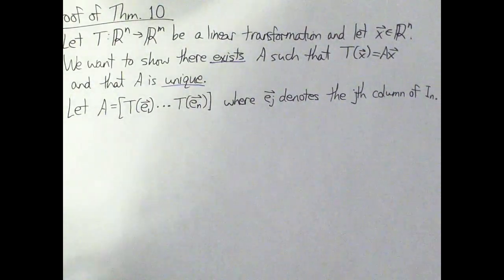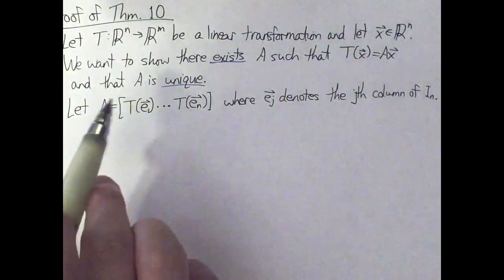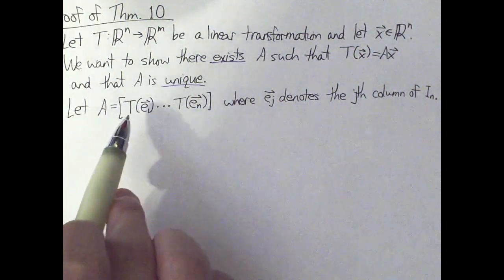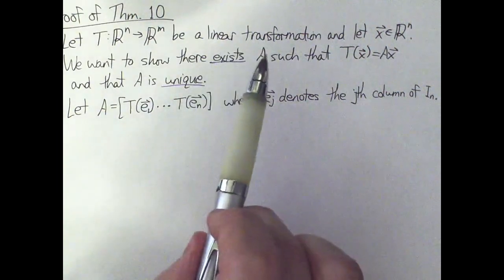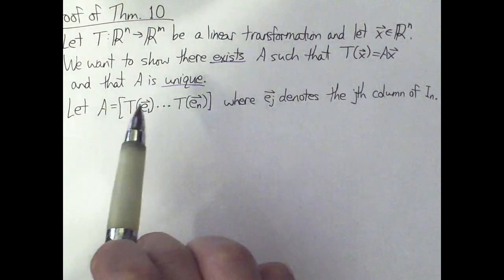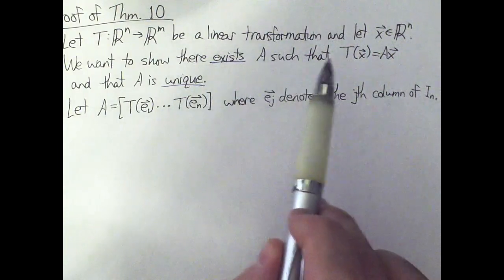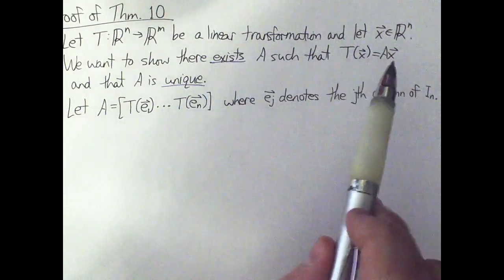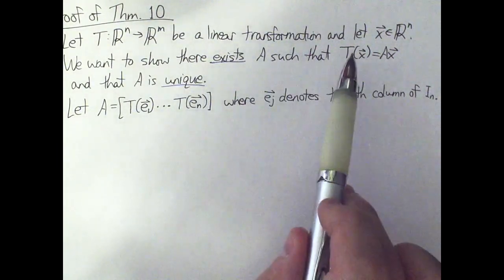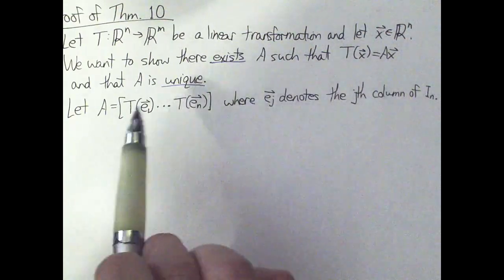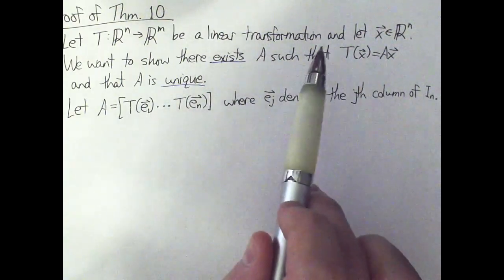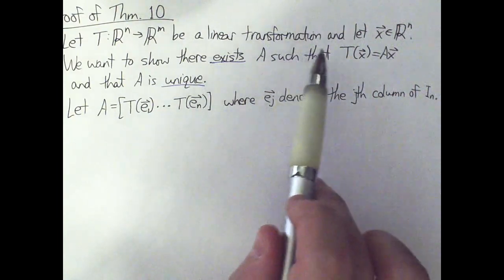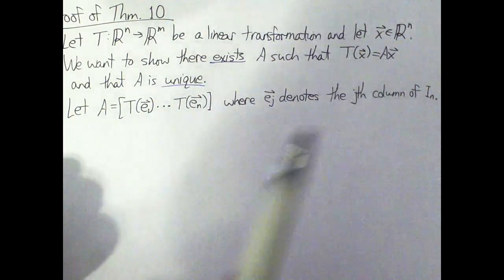Now, I think it's safe to say that this matrix that I just wrote does exist. That doesn't necessarily prove that it has the desired property such that T of X equals AX, right? This is a matrix. It exists, but does it have the property that T of X equals AX? So let's work on that.